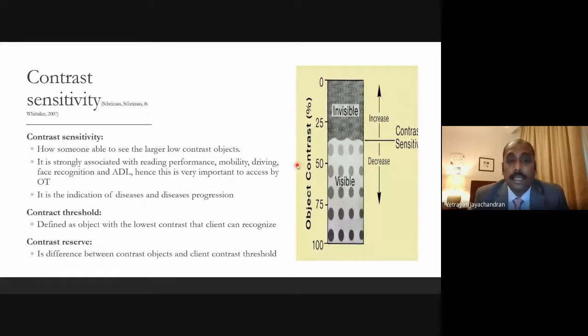That's why contrast sensitivity is very important for an occupational therapist to assess when you want to do any kind of environmental modifications or changes. We have to think about contrast sensitivity.